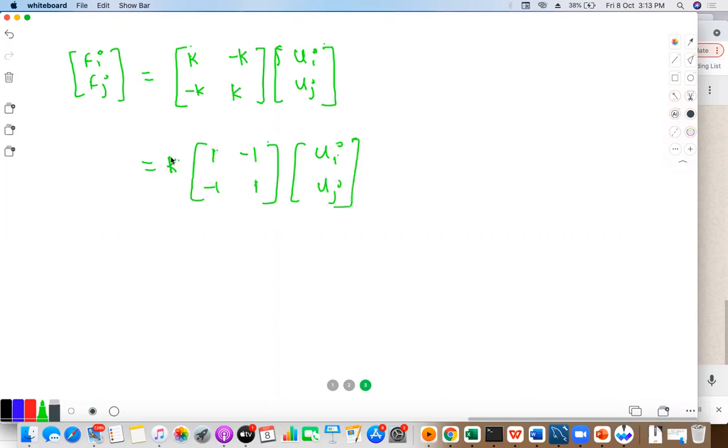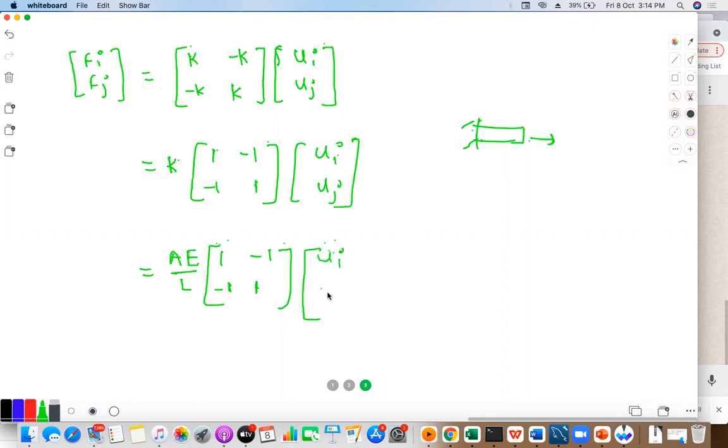Now for a simple 1D rod element, I can put k as AE upon L, times the matrix 1, minus 1, minus 1, 1, into ui and uj. So this is my K matrix. Understood?